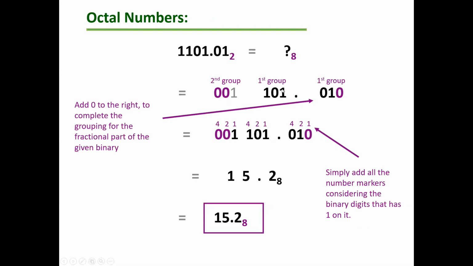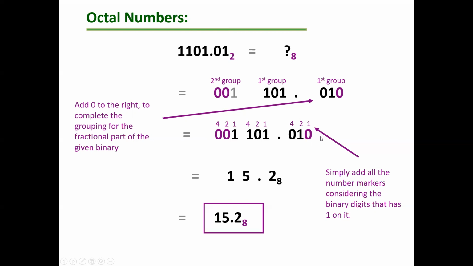So, katulad nitong first group natin sa ating whole number, ang first group ay 101, tapos kulang pa ang second group, dadagdagan lang natin ng 0. Sa fractional part na may 0.01, tatluhan, dadagdagan lang natin ng 0. So from left to right.